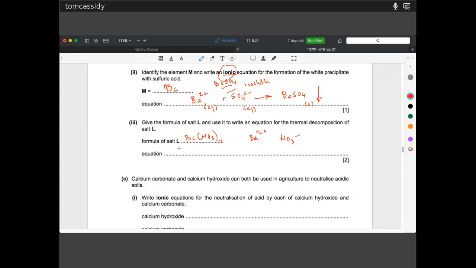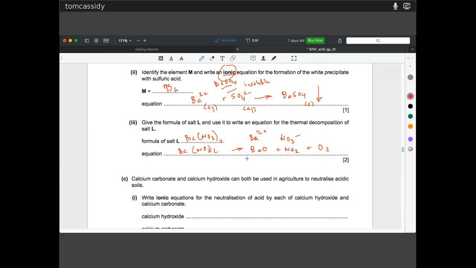And the overall equation for that, well, we've got the barium nitrate, and we're heating it, and we know that it formed nitrogen dioxide. We have a white solid, barium oxide, and actually you get a mixture of gases, you get oxygen as well.